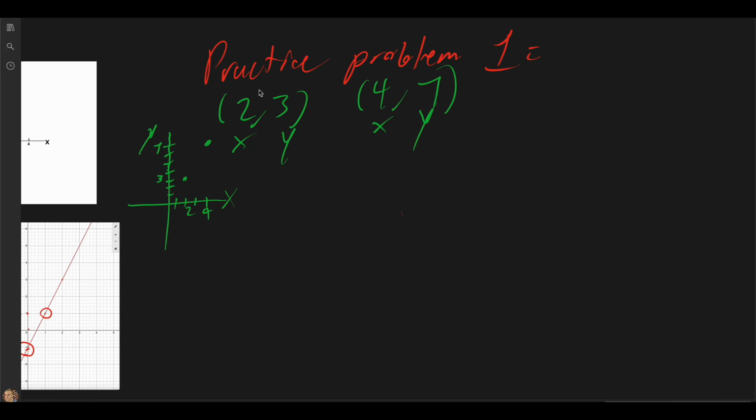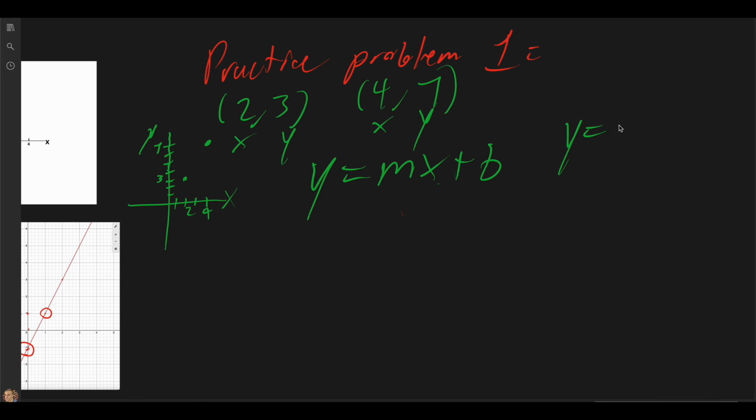Now what we need to do is develop a linear equation, where a linear equation, as we all know, is y is equal to mx plus b, where y is going to be the dependent variable, x is the independent variable, m is the slope. In fact, I'll just write this out here.